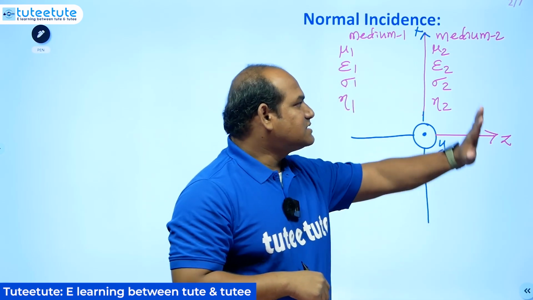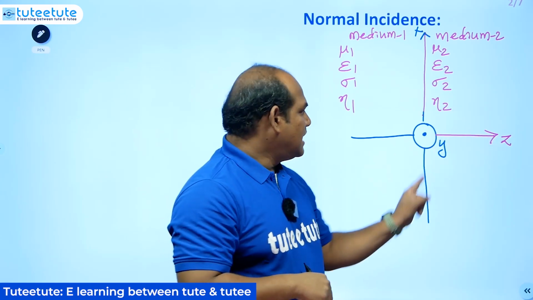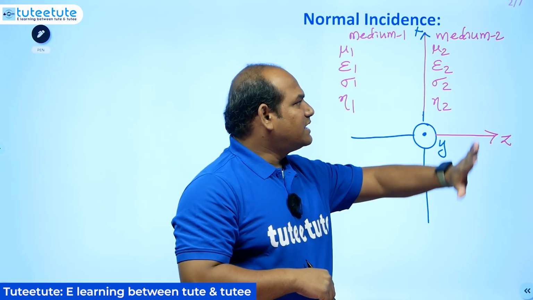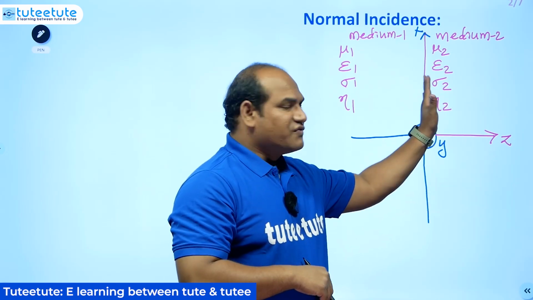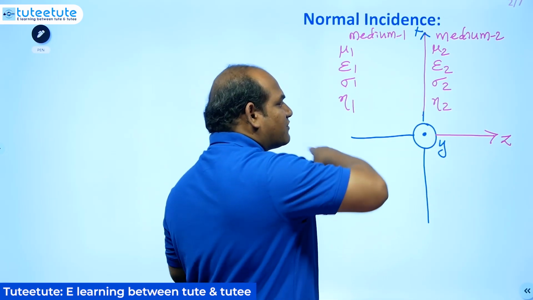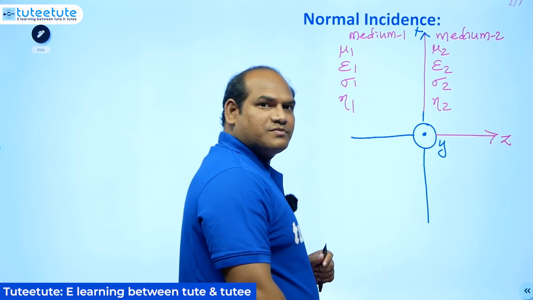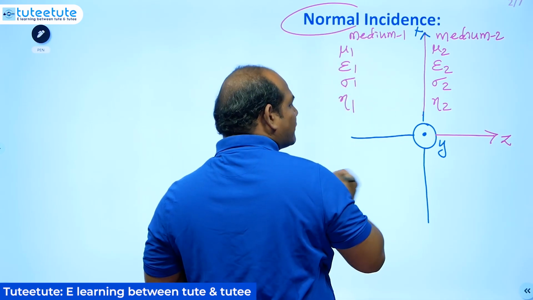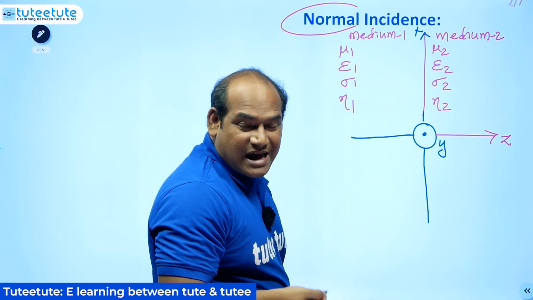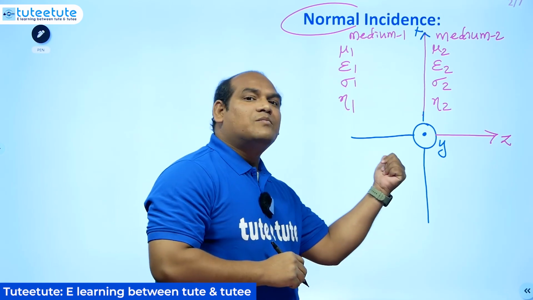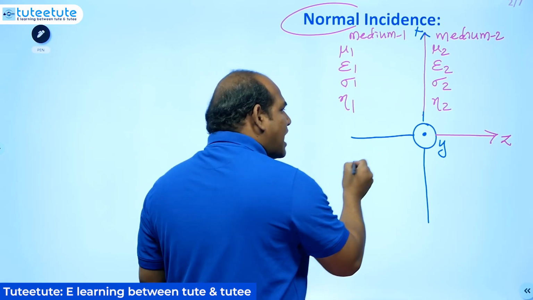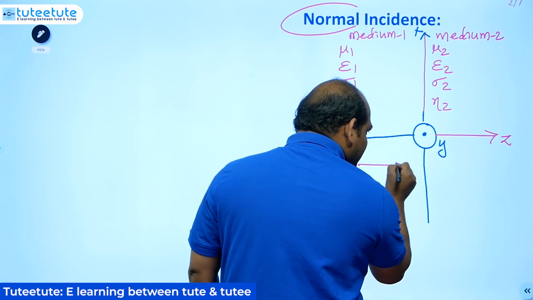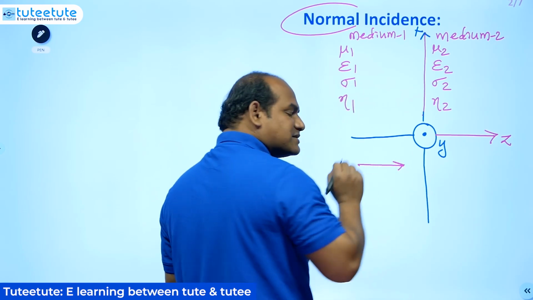The interface is the xy plane, with the y-axis coming towards you, and the normal to the interface is the z-axis. Now, normal incidence means the electromagnetic wave we are sending is parallel to the normal of the interface. The normal makes 90 degrees with the interface, so the incident wave should be taken along it.